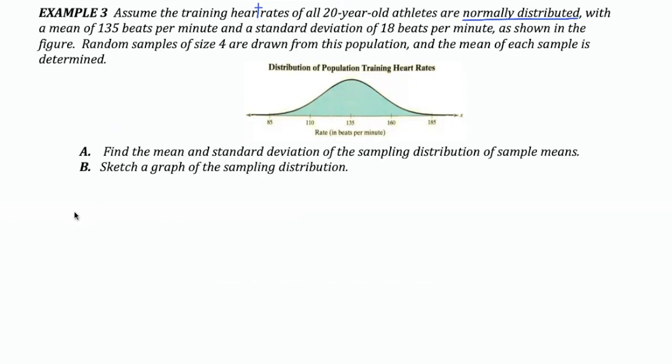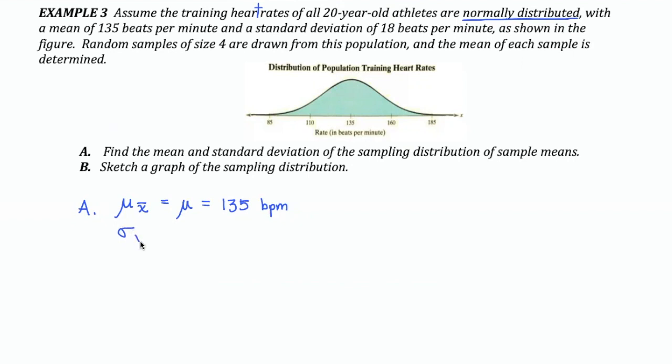So for part A, to find the mean and standard deviation of the sampling distribution of sample means, we know the mean for the sample means will be the same as the mean for the population, which we were told is 135 beats per minute, which I will abbreviate BPM.